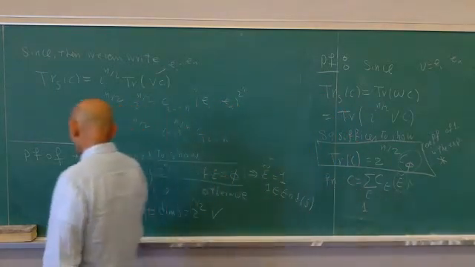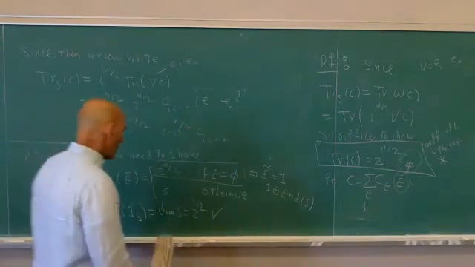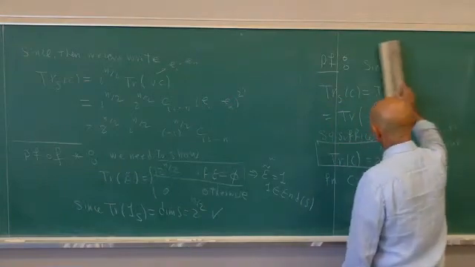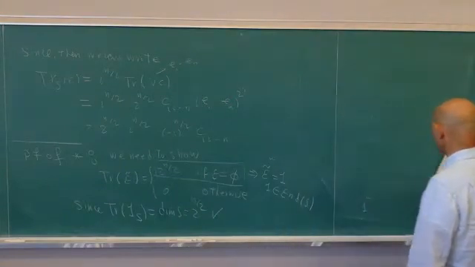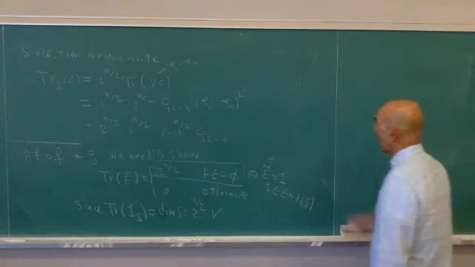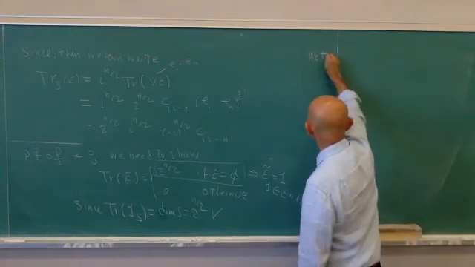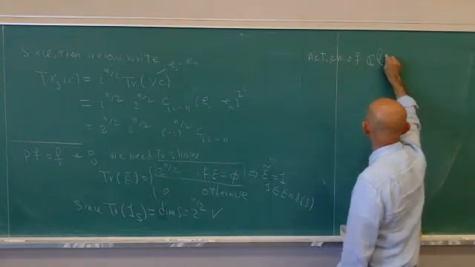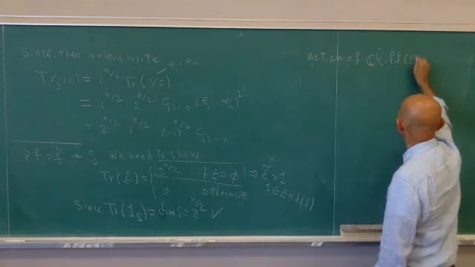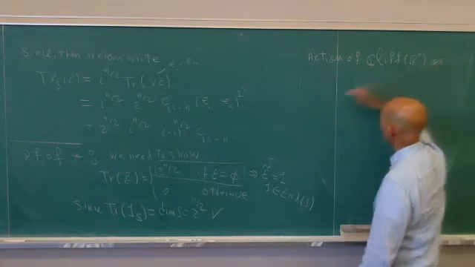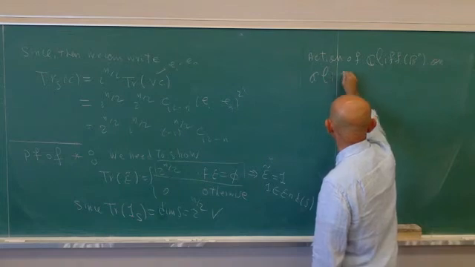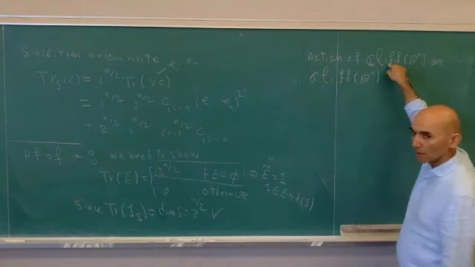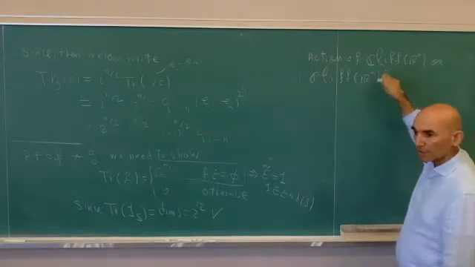Now, one thing is clear. If E is not empty, so first of all, action of Cliff on itself, on Cliff Rn. Any algebra is a module over itself, right? So this acts on itself.